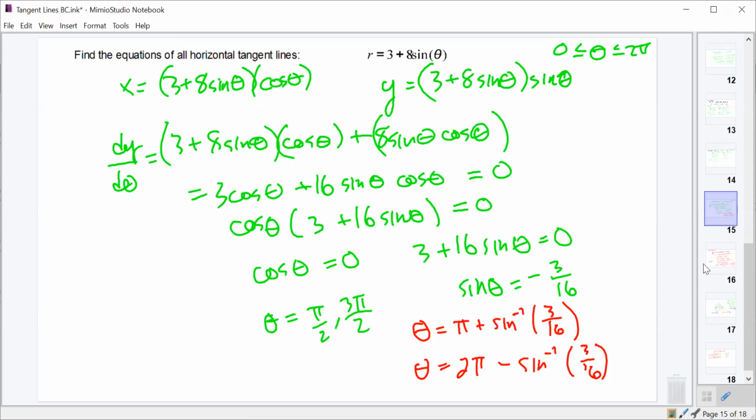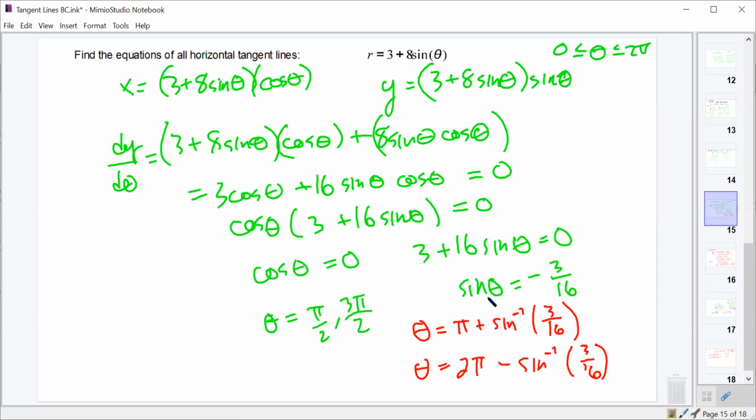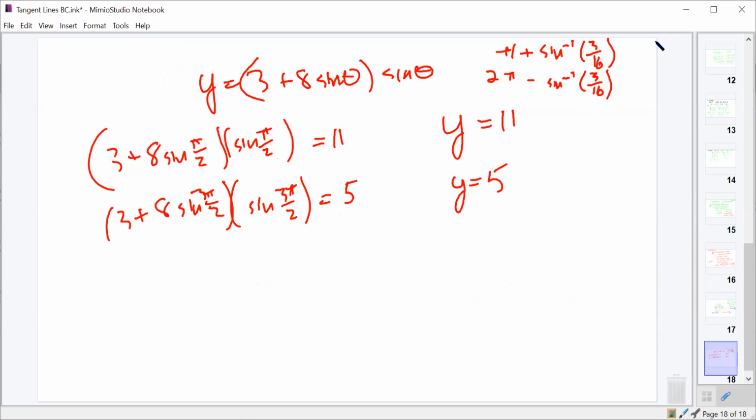Then the other ones seem like they're going to be a pain, right? What are our values? Pi plus the inverse sine of 3/16 and 2 pi minus the inverse sine of 3/16 seem like a huge pain, but what are we trying to do? We're trying to figure out what the sine of those is. Well, the sine of each of those angles is negative 3/16, based on what we've already written out. Yep, exactly, Luke.